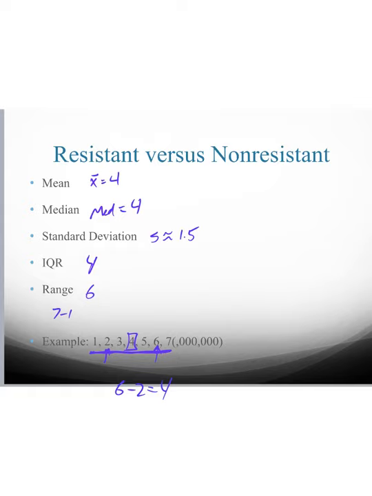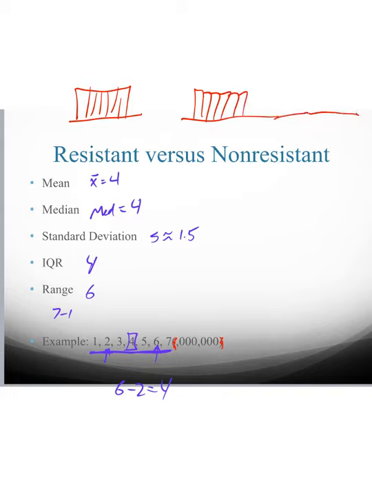Okay, so now if we were to change 7 to 7 million, now we have an outlier. So this started off as a perfectly symmetric distribution, 1, 2, 3, 4, 5, 6, 7. Now all of a sudden we have 1, 2, 3, 4, 5, 6, and then we have this 7 million that's way, way down there.